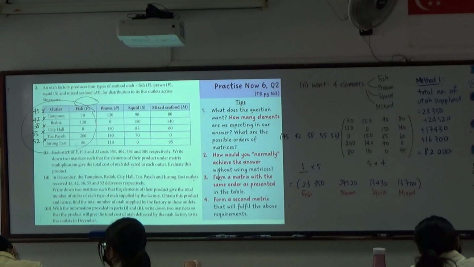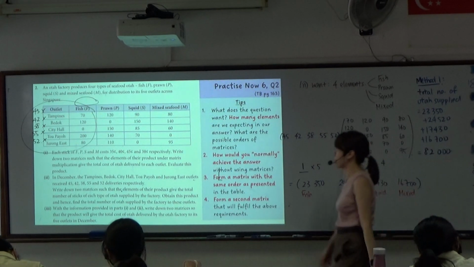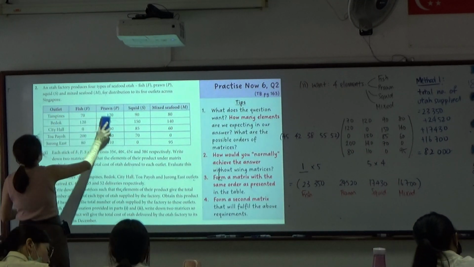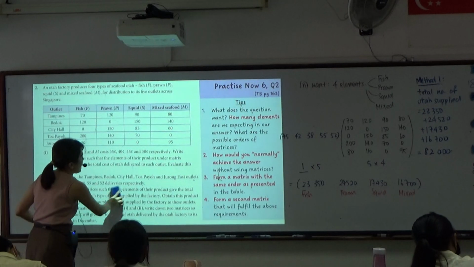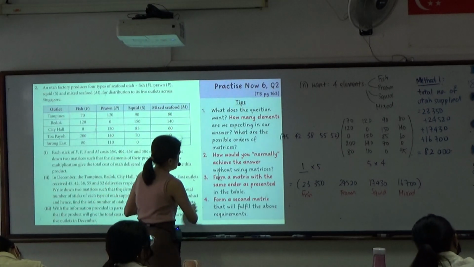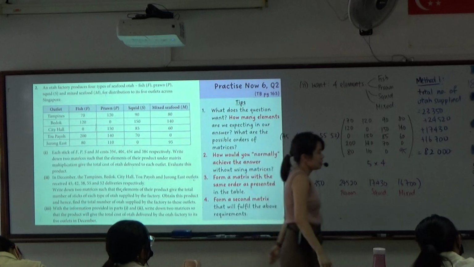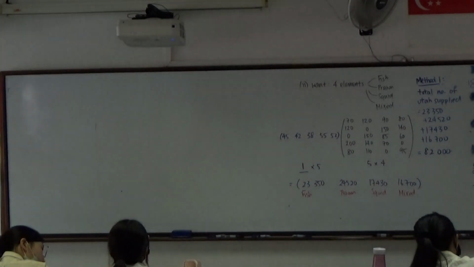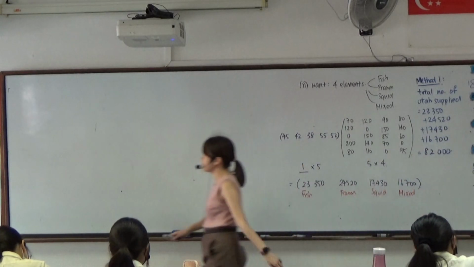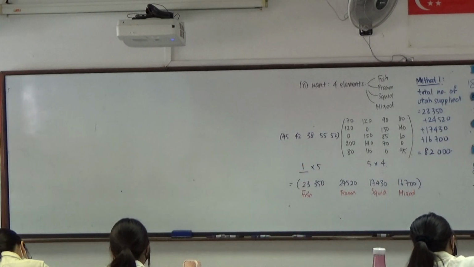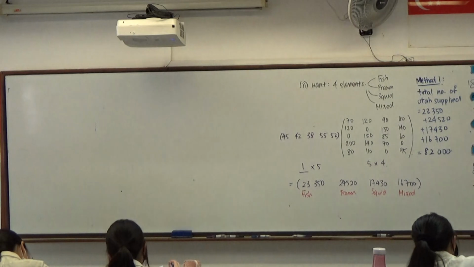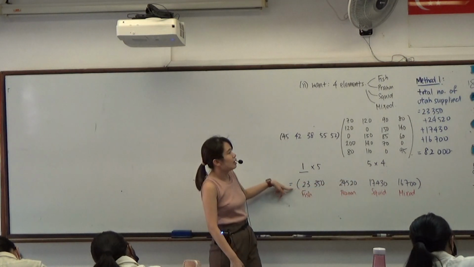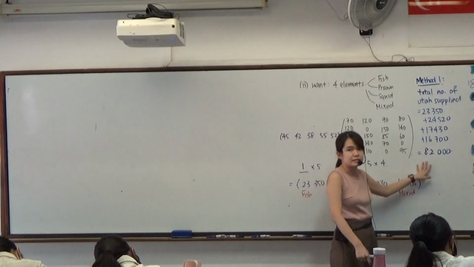However, I want us to extend our thinking. What if the question were to say to solve the question entirely by matrices? Then what can we do? If the question says to answer solving by matrices, that means that I cannot just take the 4 elements here and then add them up together and get this answer.